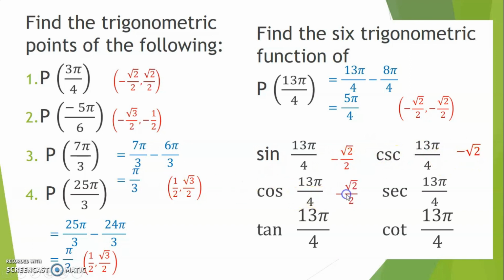For cosine, it's the first value, x, so negative square root of 2 over 2. Secant is negative square root of 2. Then tangent 13 pi over 4 gives you 1, and the same for cotangent 13 pi over 4, it's also 1. Again, you can always counter-check this with your calculators.